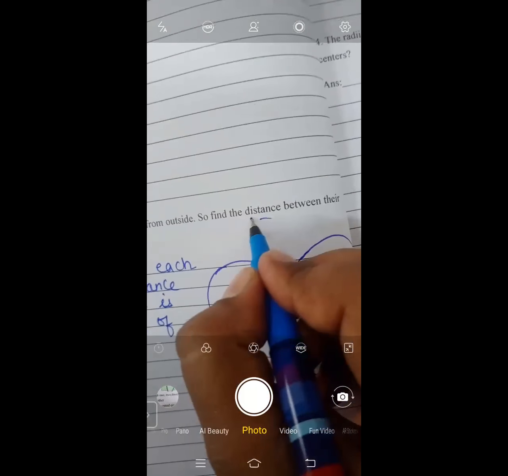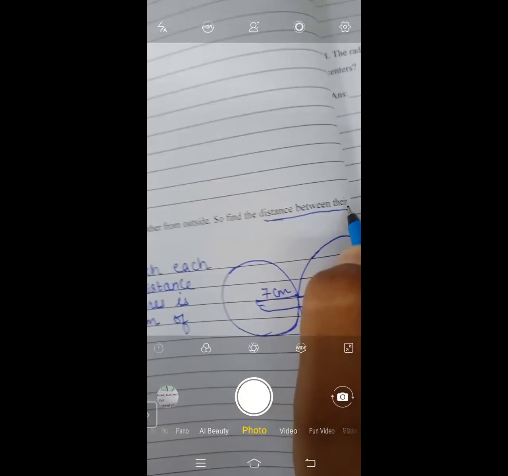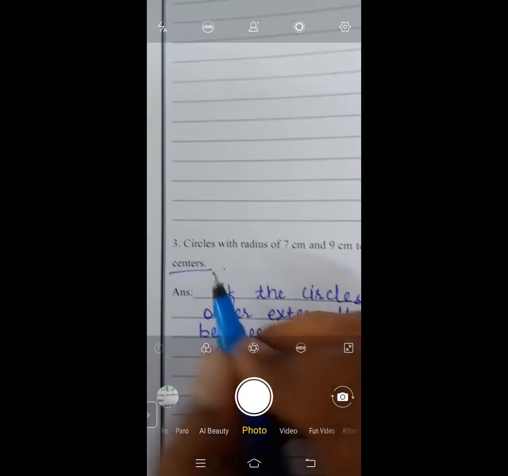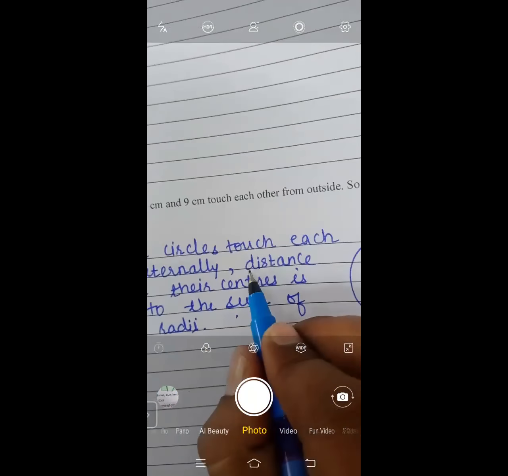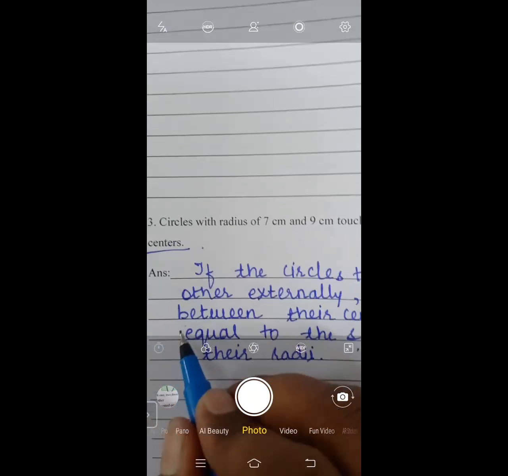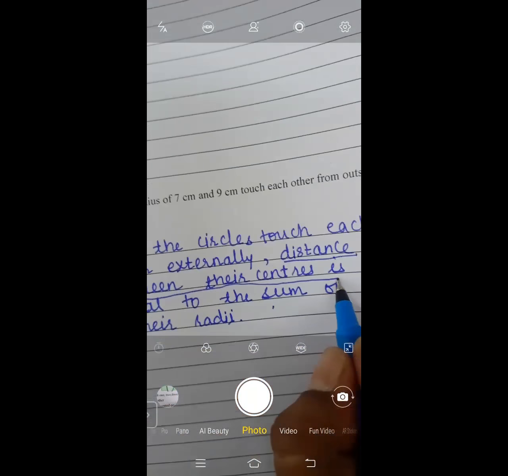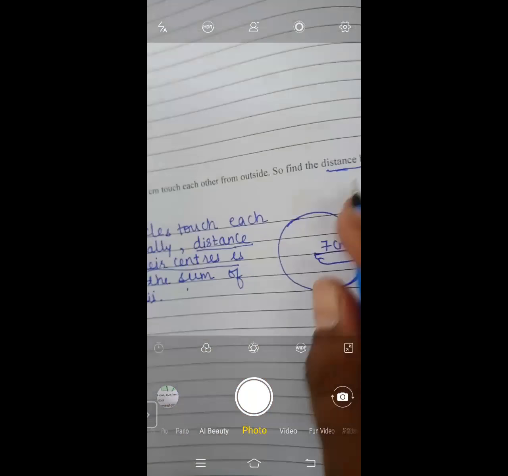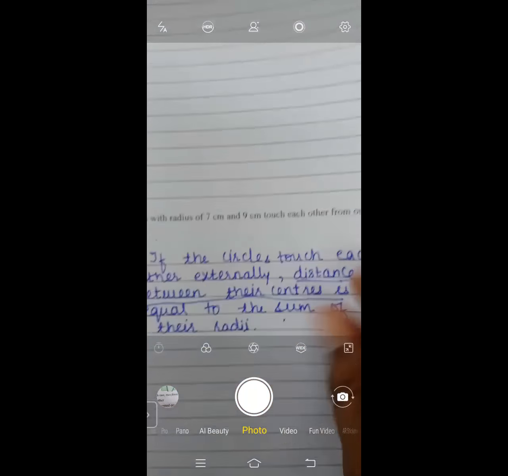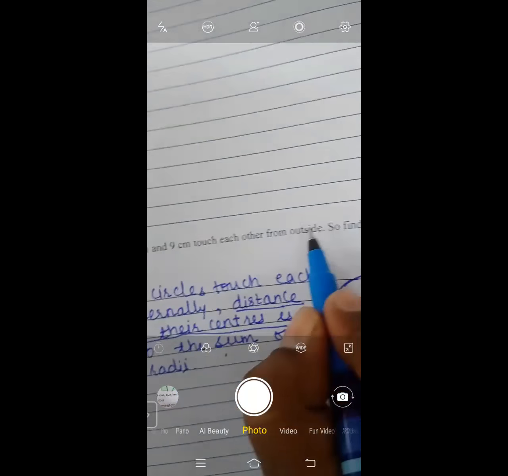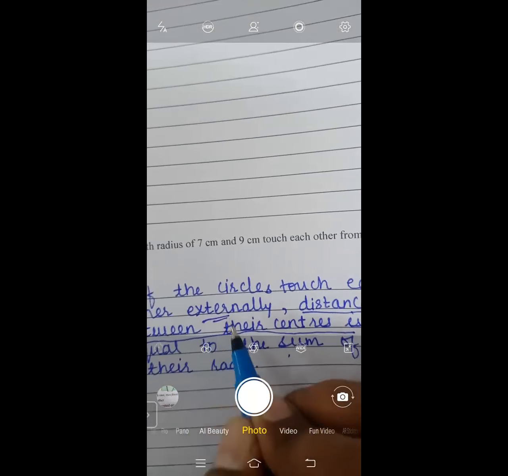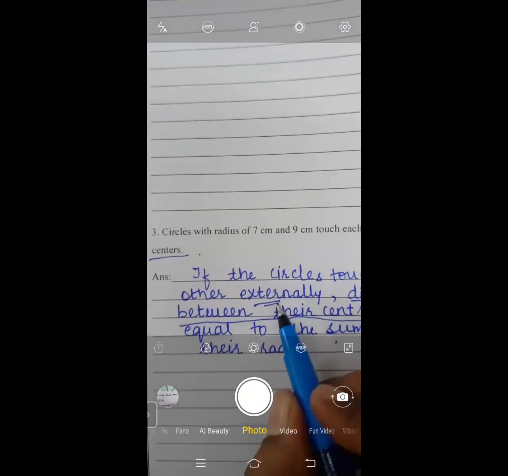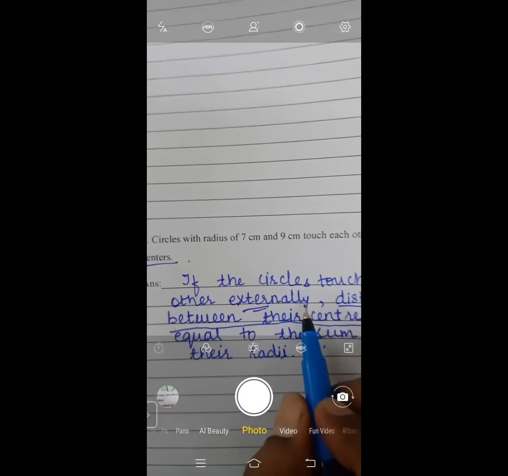What is asked in the question? Find the distance between their centers. Can you relate them? These are the same things, so I can use this property. As it is mentioned clearly that they are touching outside, it means they are touching externally.